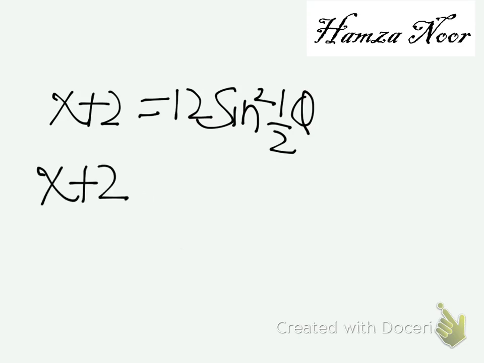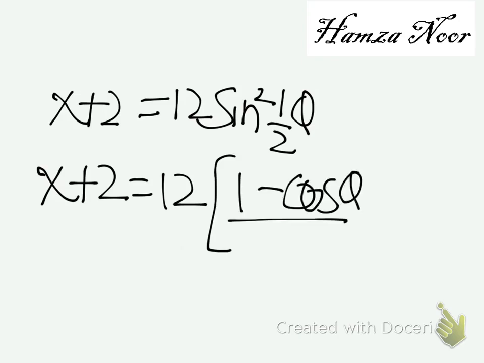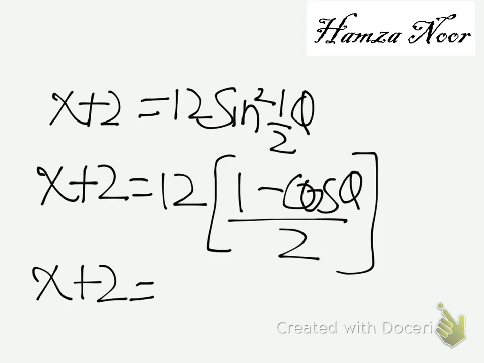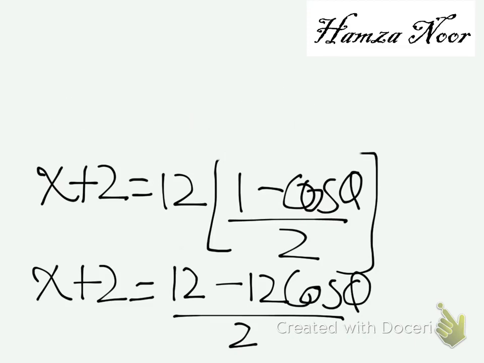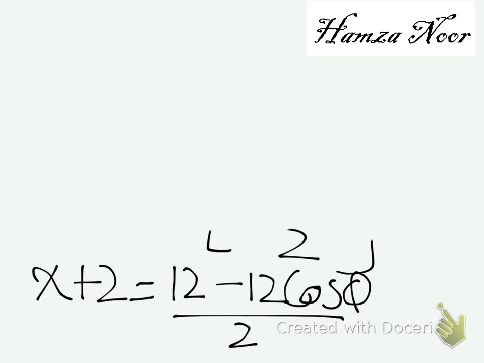So x + 2 is equal to 12 multiplied by (1 minus cos theta) over 2. This will give you x + 2 is equal to (12 minus 12 cos theta) over 2. Now all you need to do is take 2 common. Make the question easier for yourself.